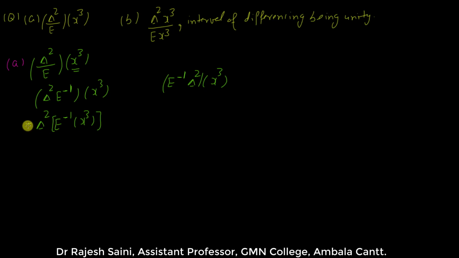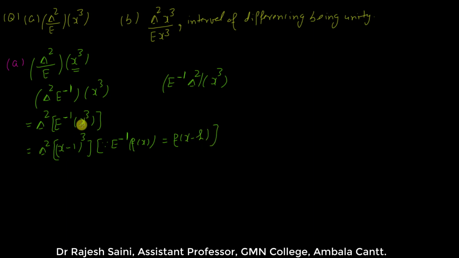Fine. And this is equal to delta square, E inverse, the inverse shift operator, acting on x cube gives x minus 1 cube. Because E inverse acting upon f of x, where h is the interval of differencing, is nothing but f of x minus h.